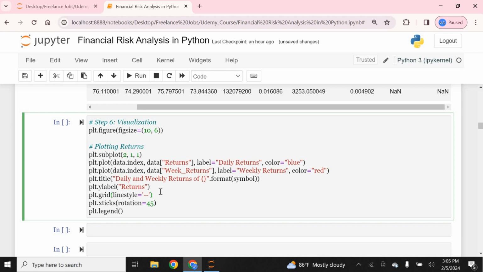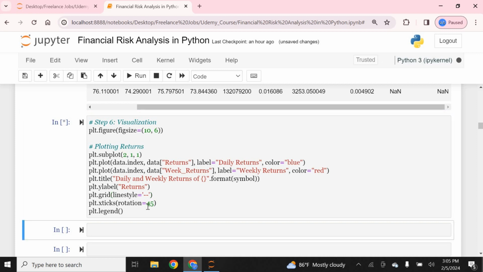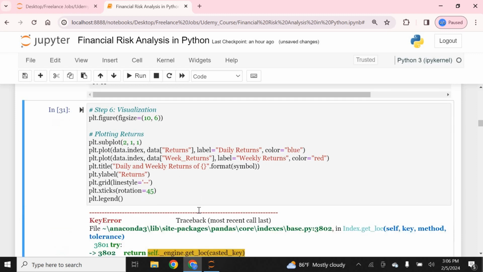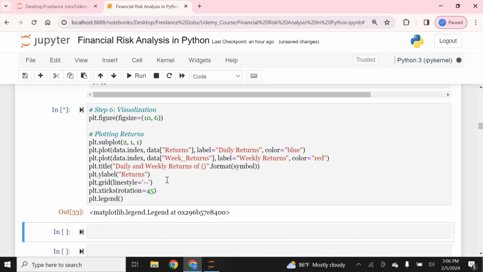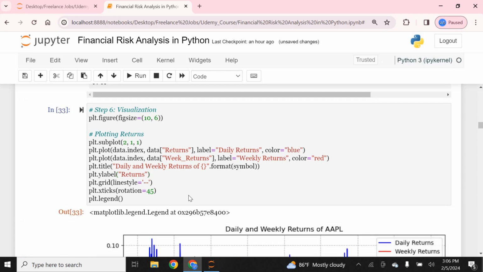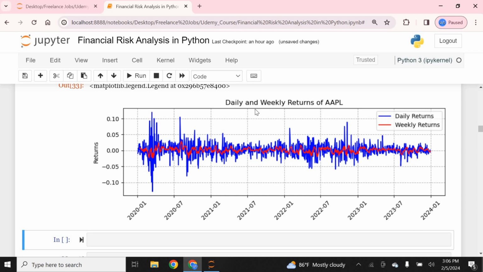The other parameters here are just visualization parameters. Okay, cool. So this is showing us the daily and weekly returns of Apple stock prices.